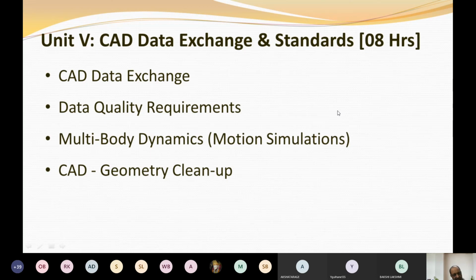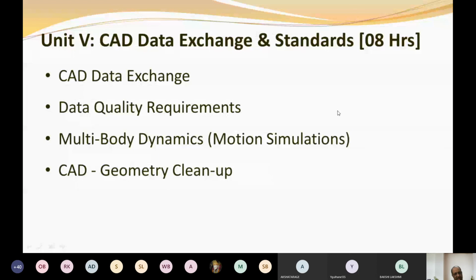Now what happens is that it is not possible to have a design cycle entirely in one software. Some softwares are strong in solid modeling, some softwares are strong in analysis, some softwares are strong in multi-body dynamics and motion simulation.